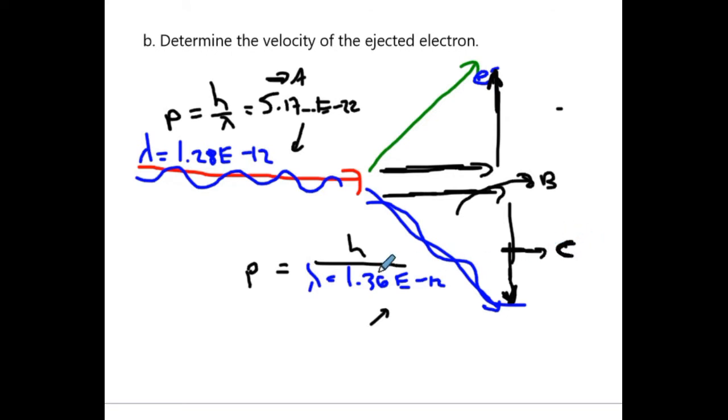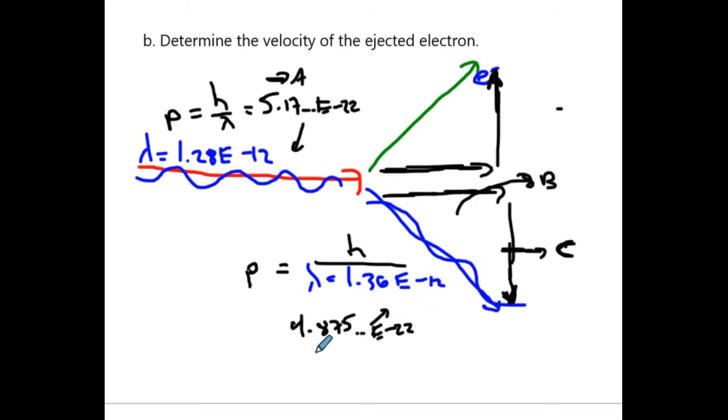And the way I'm going to calculate that is I'm going to take Planck's constant, so 6.63 times 10 to the minus 34, and I'm going to divide by 1.36 times 10 to the minus 12, which is going to give me a value of 4.875, give or take, times 10 to the minus 22. And that's going to be your momentum on the hypotenuse.